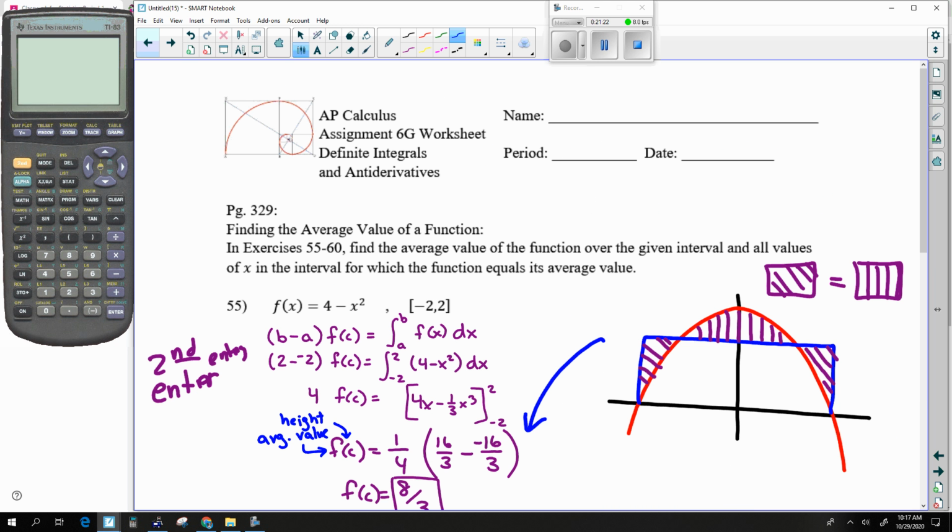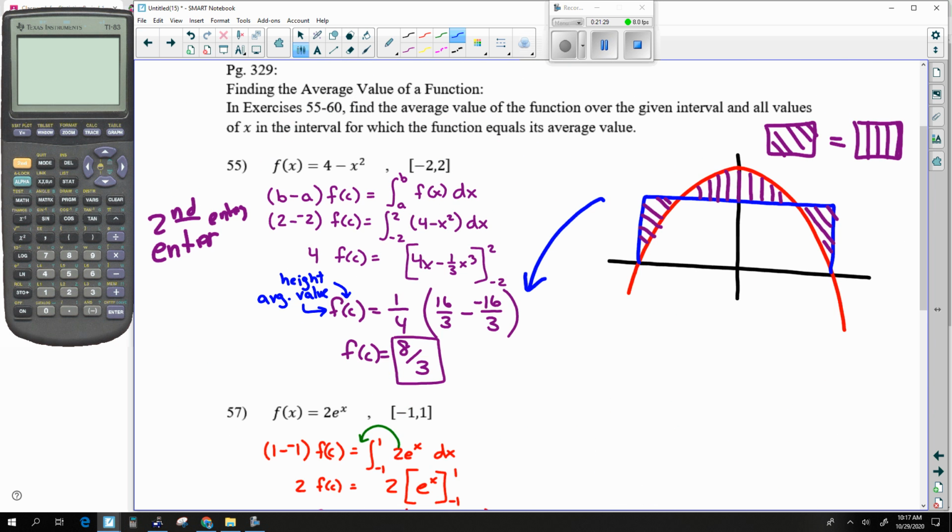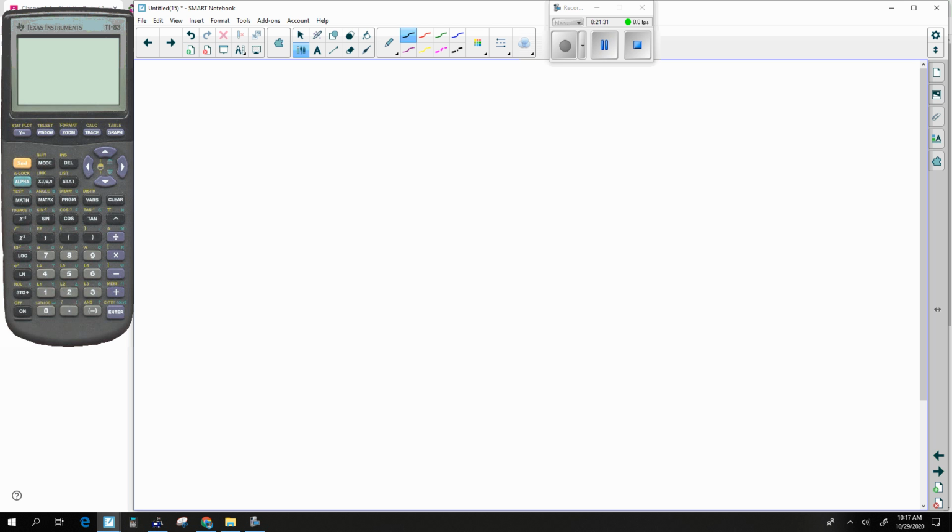Just one page. Okay. All right, so again, average value. Average value is where the area of the rectangle is equal to the area of the curve. And again, this is the same base.